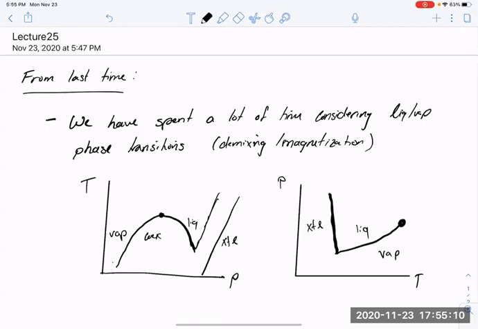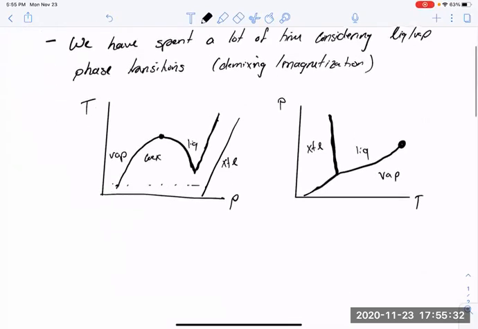And indeed, there could be a region at really low temperature of vapor crystal coexistence, which is smushed into a line here. So a typical phase diagram, even of a very simple system, would have three phases: a liquid, a vapor, which we've talked quite a lot about, and a crystal. We've said next to nothing about vapor crystal coexistence or liquid crystal coexistence.